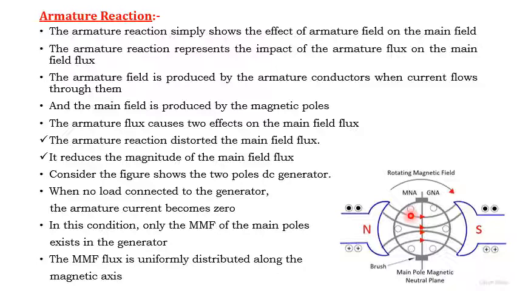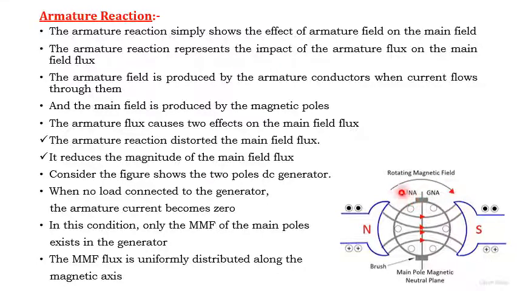Again, these are the magnetic flux lines, imaginary lines of force which exist in between the pair of magnets. This is called the rotating magnetic field, and its direction is shown here, from north to south. There will also be neutral axes, called the magnetic neutral axis and the geometrical neutral axis.